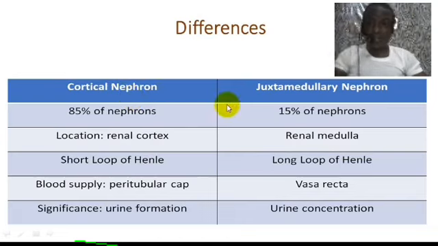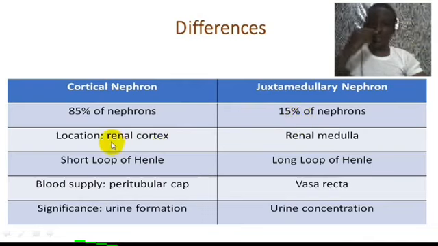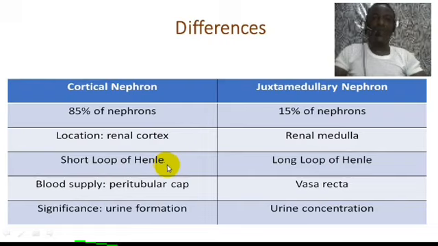Cortical nephrons constitute 85% of nephrons, while juxtamedullary nephrons constitute only 15%. Cortical nephrons are located in the renal cortex, while juxtamedullary nephrons are located in the renal medulla. The cortical nephron has a short loop of Henle, whereas the juxtamedullary nephrons have long loops of Henle.